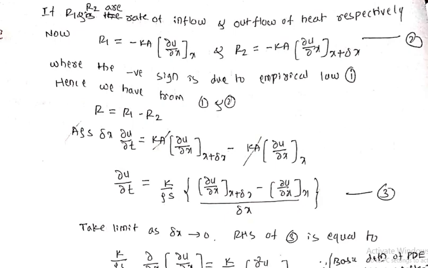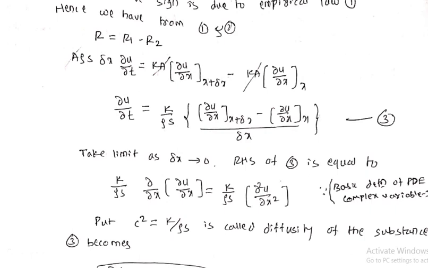Then we take the limit on both sides as delta x tends to 0. So K by rho S, dou by dou x of dou U by dou x, becomes K by rho S dou square U by dou x square.